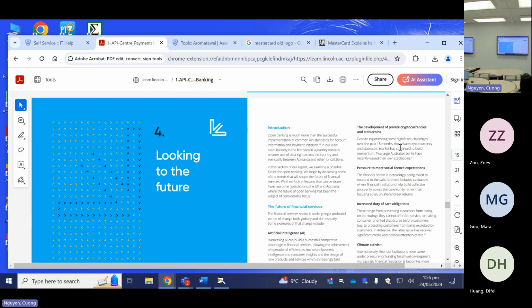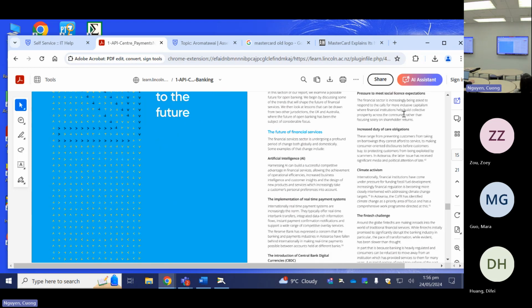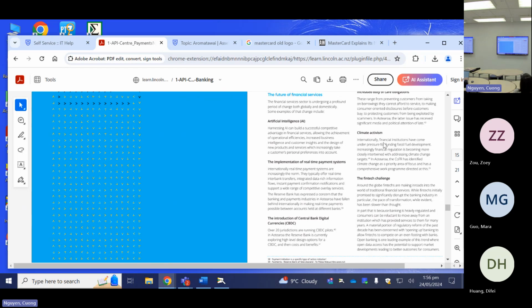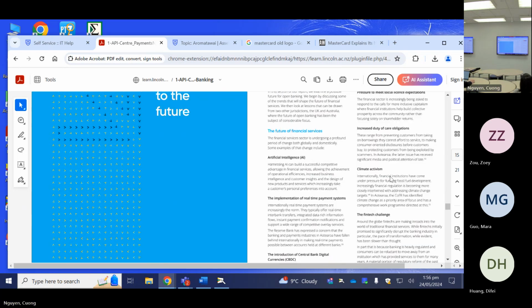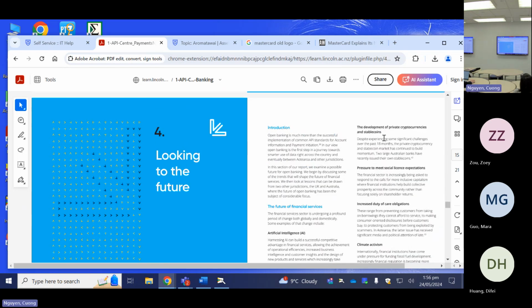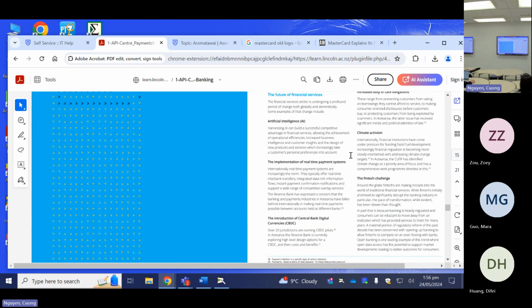Then social license and social responsibilities, peer obligation, climate, and fintech. So fintech, cryptocurrency and stablecoin, CBDC, and AI will be the most important parts for the future of financial services.